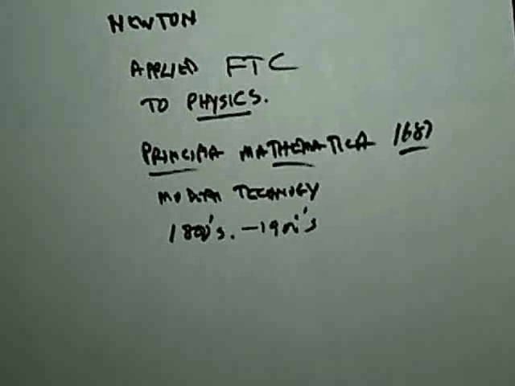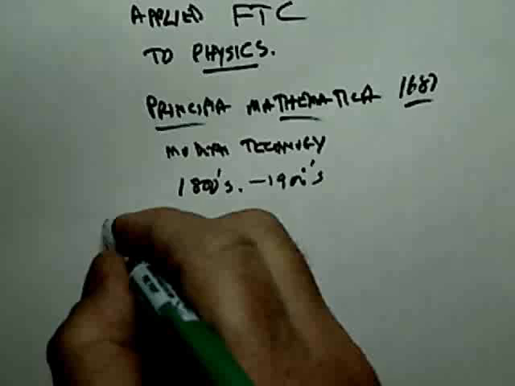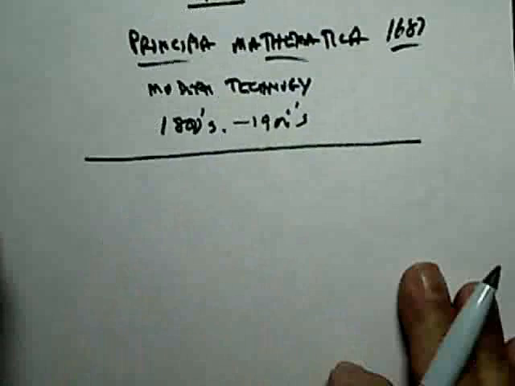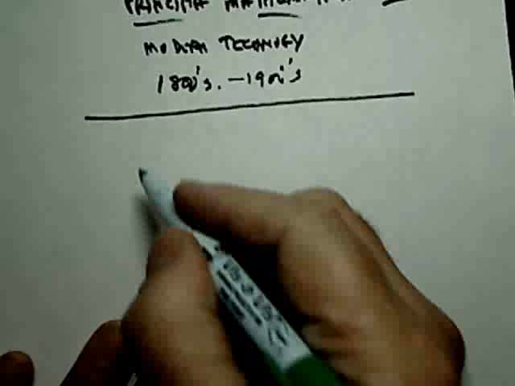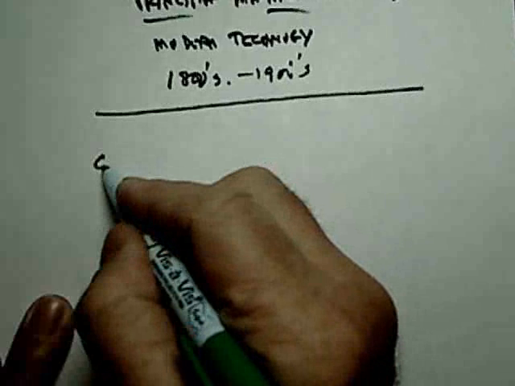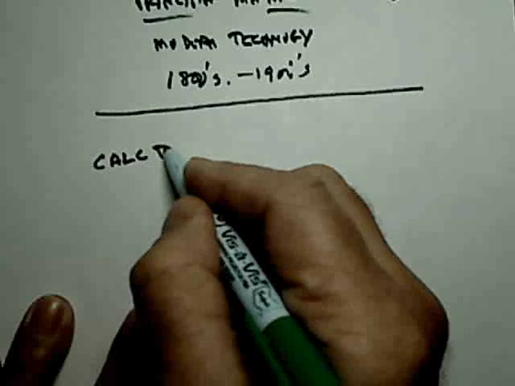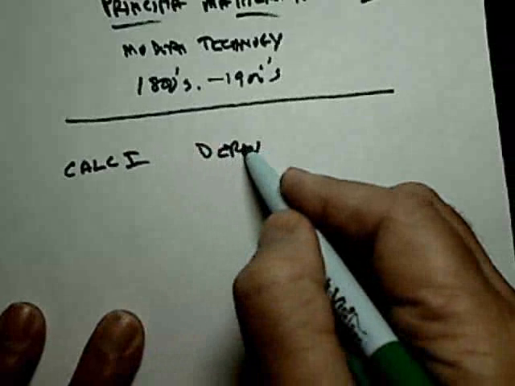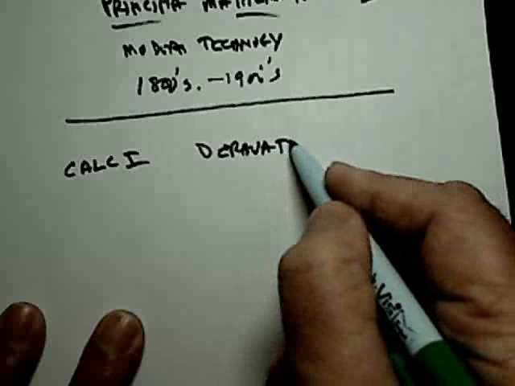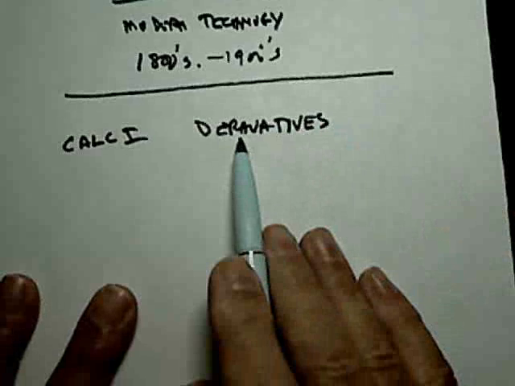Now, a question we have today, as we teach calculus, is what's the right way to teach calculus? Historically, in what you would normally call Calc 1, we learn about derivatives. And as I told you in that first video on derivatives, it's pretty easy to make a table of derivatives.